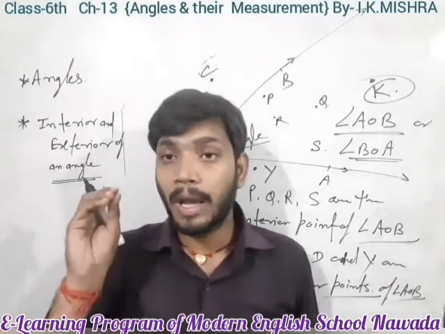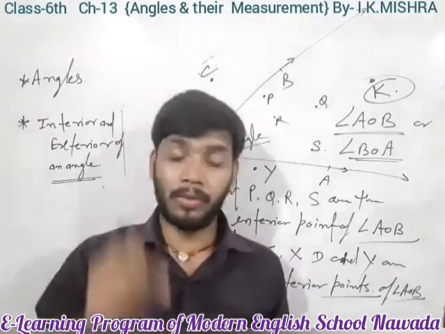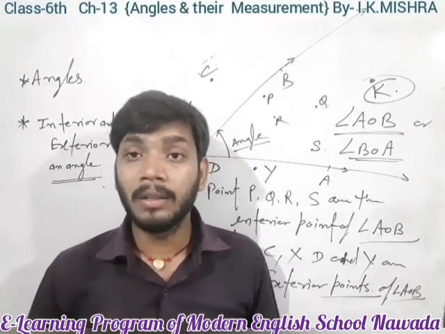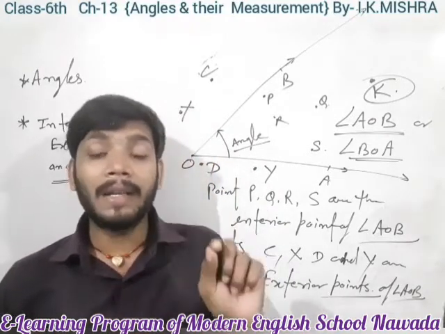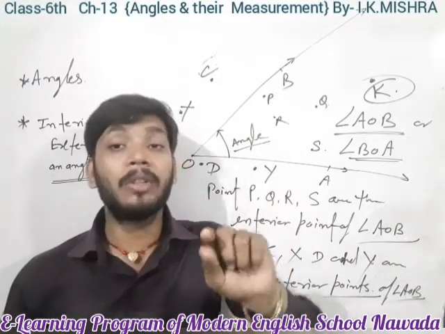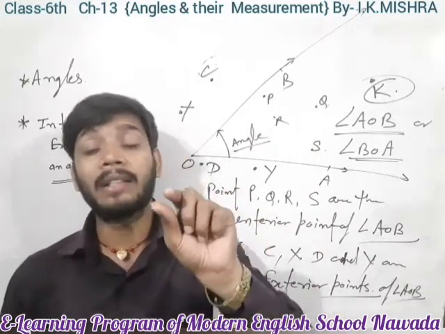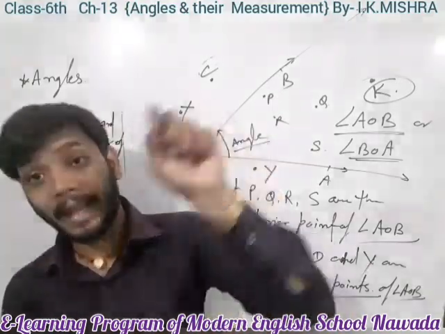Students, you may have a question, sir, what if a point is on the arm? Students, a point that lies on the arm of the angle is known as a point lying on the angle.